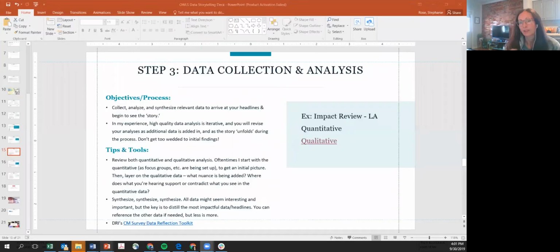So that was just one example of how we helped to define a problem and do some analyses of root causes in order to inform strategy with a region.